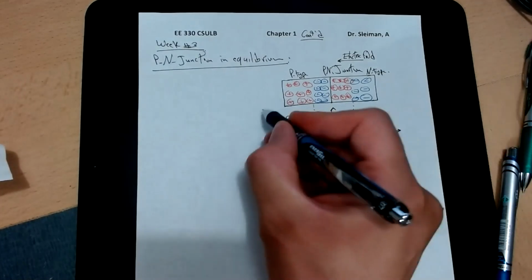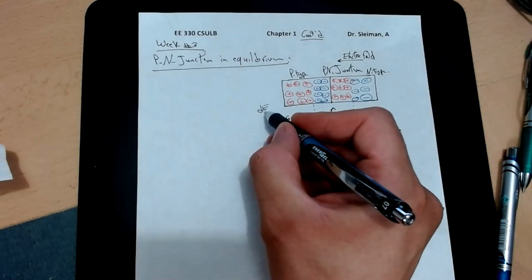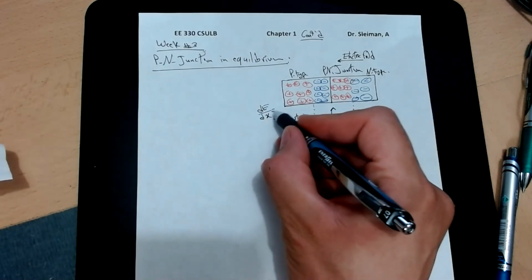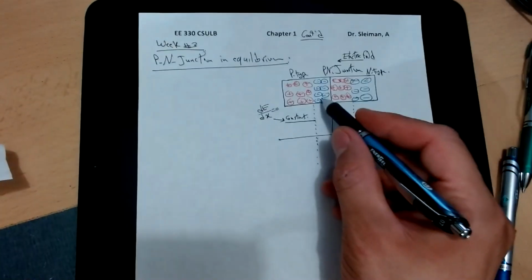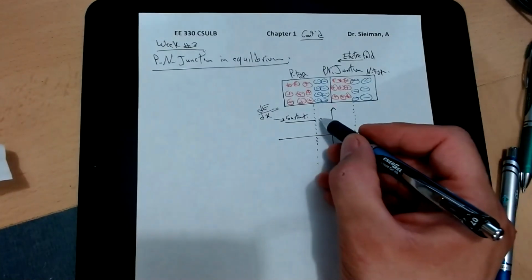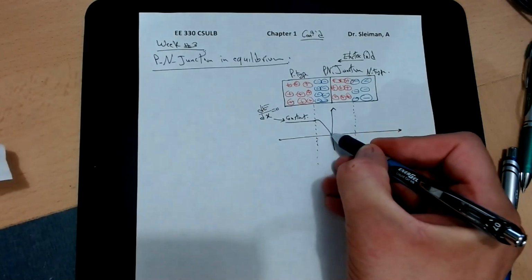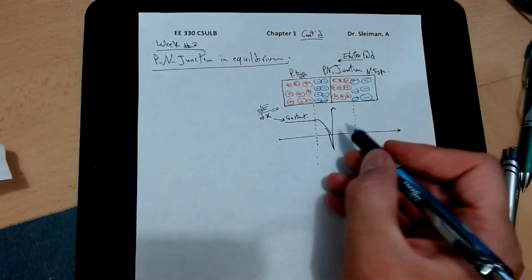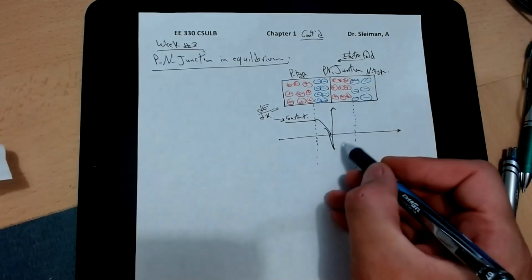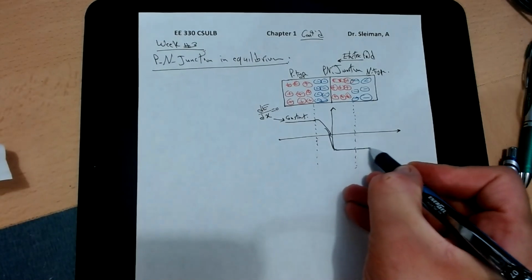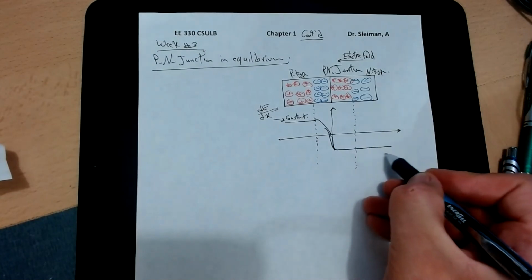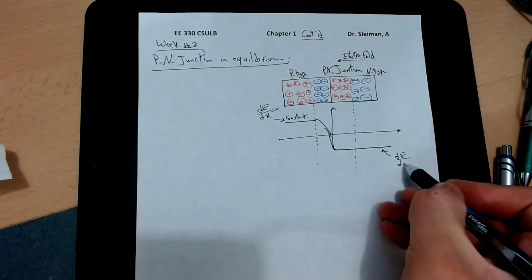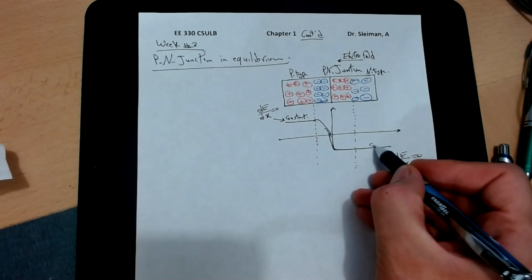Here we have dE/dx equal to 0. Because of the negative charge, it will go down to the n-type. Also in this region we have another constant, dE/dx equal to 0.